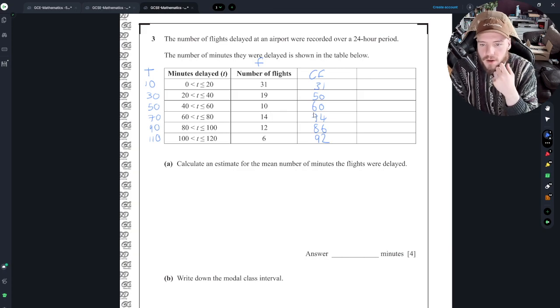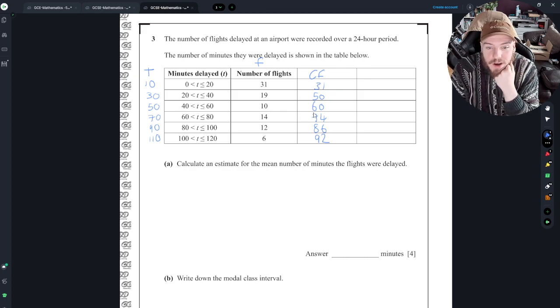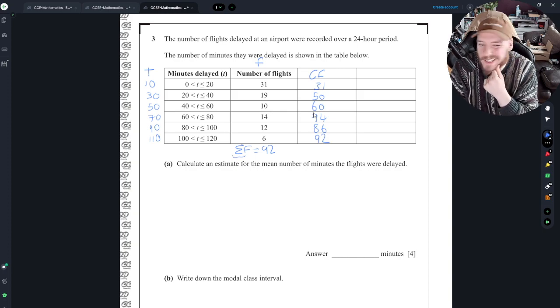Now the cool thing, or not cool but cool for me, our last value in the cumulative frequency column is also what we call our sigma f, which is the sum of our frequency values. This symbol here just represents sum. Sum means to add together.